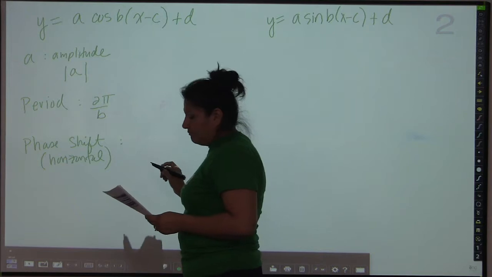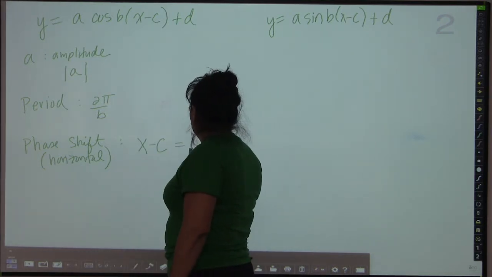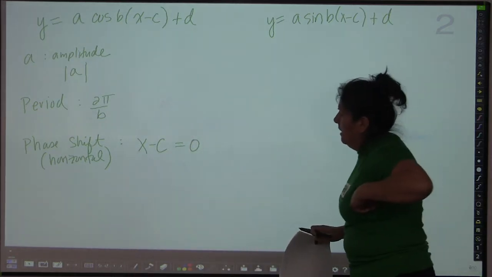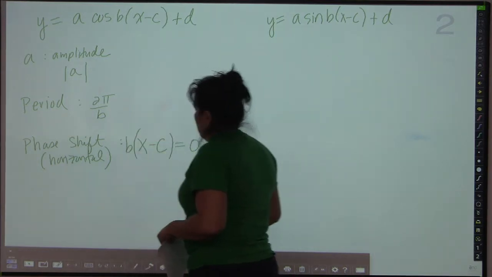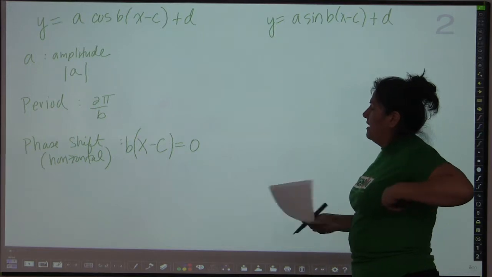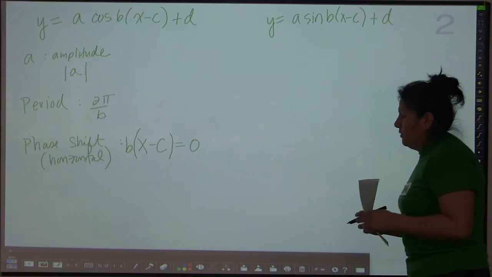So when you have your x minus c equal to 0, all right, that means that you're going to take, and technically you could even include the b there. This is bx minus c equals 0, but if you divide both sides by b, it's the same thing. So x minus c equals 0 is fine.